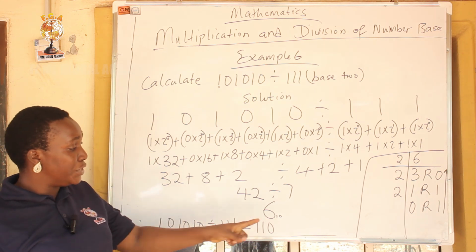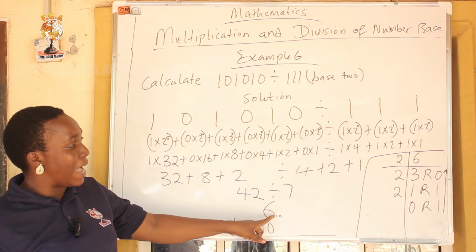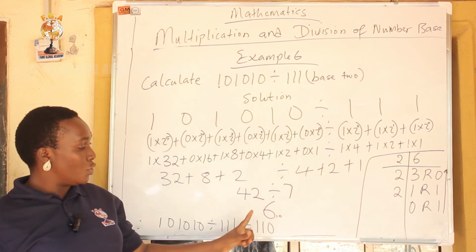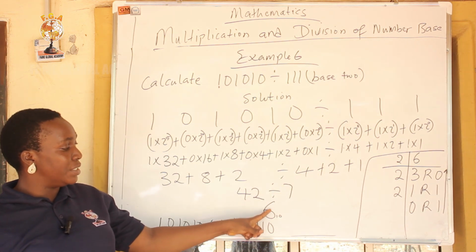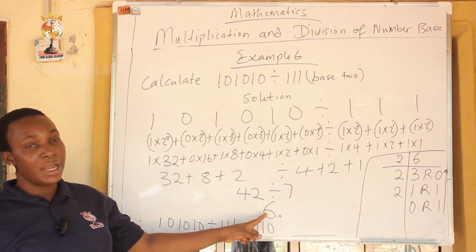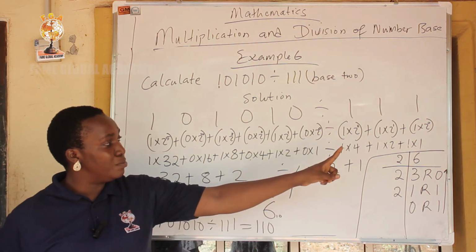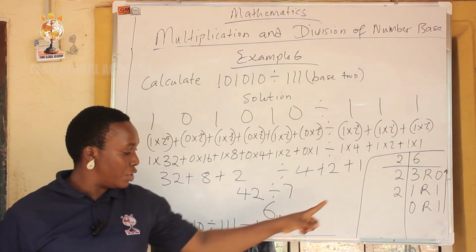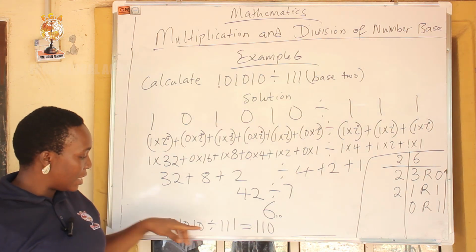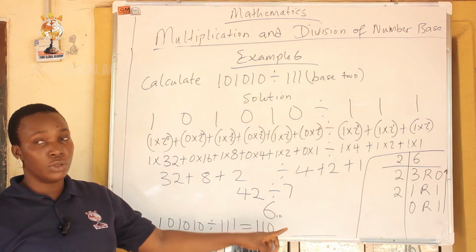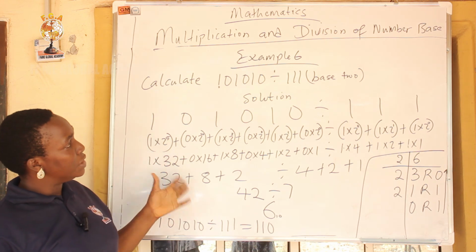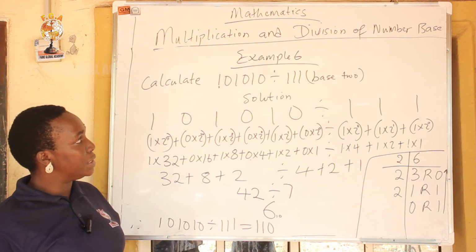That is more reason we are converting this back to base 2, because your answer cannot be 6 in base 10, since 6 is not a binary number. So you must convert it back to base 2 to give you a binary answer. So this is the end of our example 6.